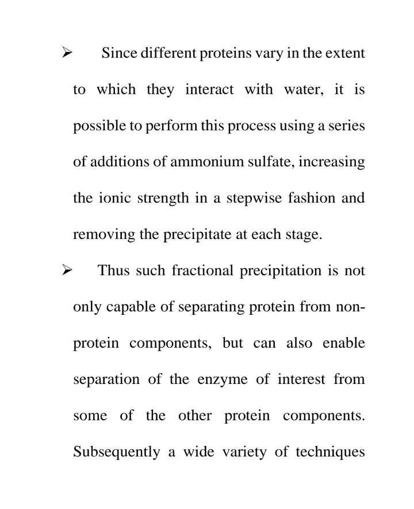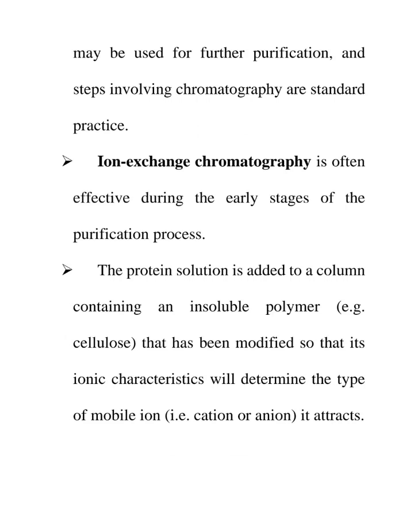Subsequently, a wide variety of techniques may be used for further purification, and steps involving chromatography are standard practice. Ion exchange chromatography is often effective during the early stages of the purification process. The protein solution is added to a column containing an insoluble polymer, for example cellulose, that has been modified so that its ionic characteristics will determine the type of mobile ion, that is cation or anion, it attracts.